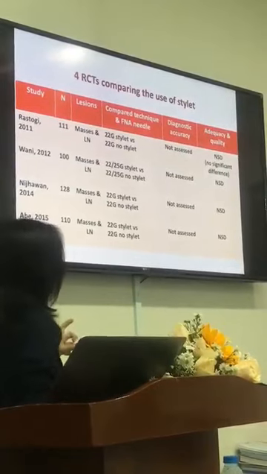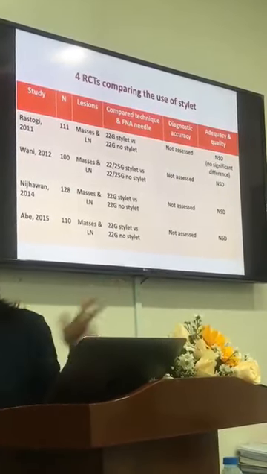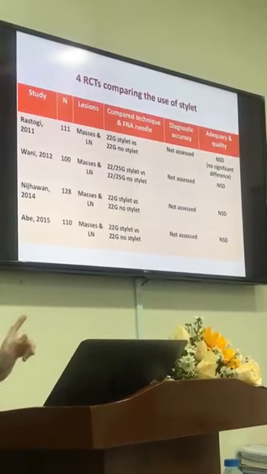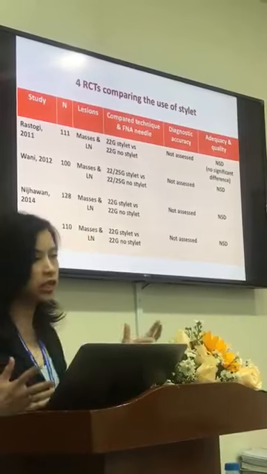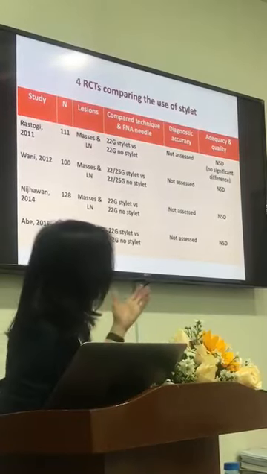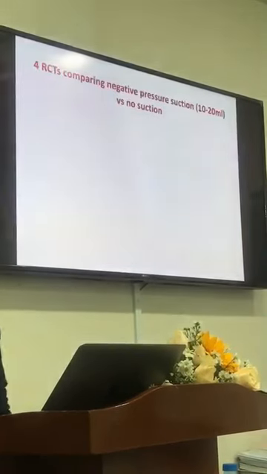However, the key question, which is the diagnostic accuracy, has not been assessed in any of these RCT. So what we learned from this is that using or not using stylet doesn't seem to matter when it comes down to diagnostic adequacy and quality.